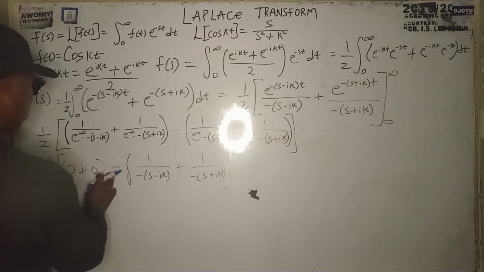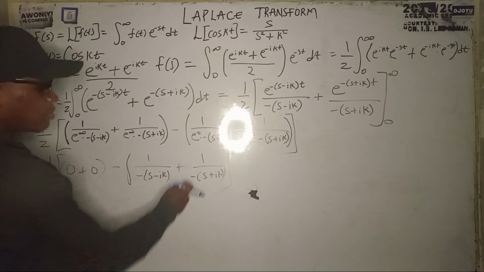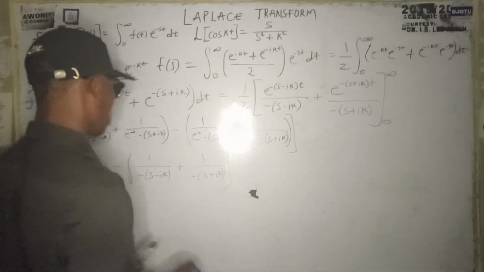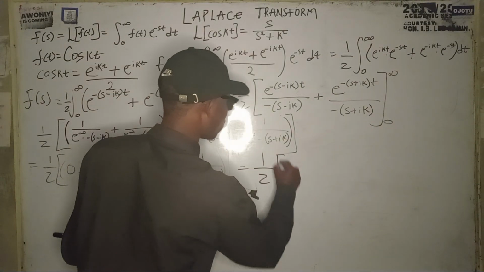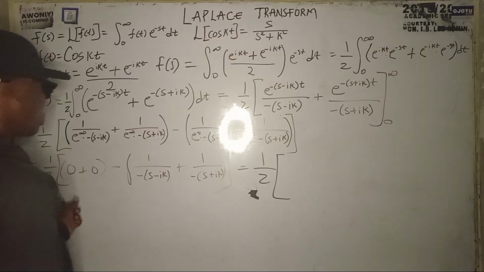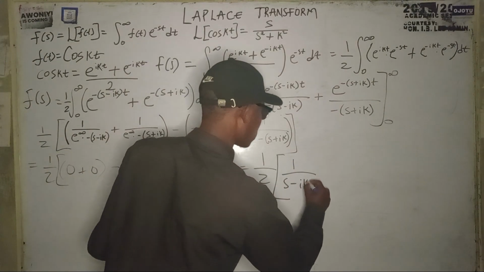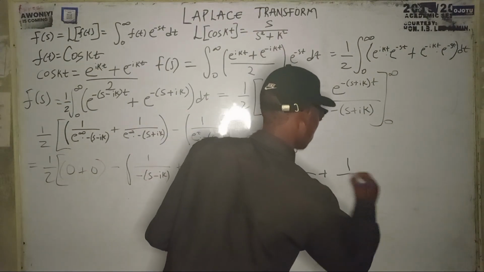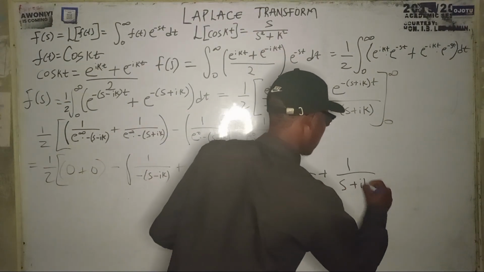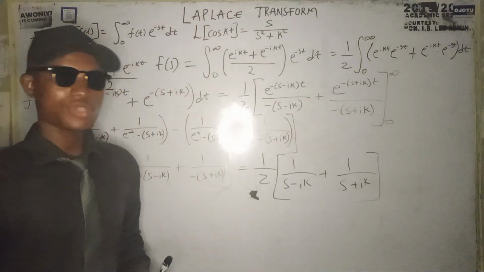So now if we use this minus to multiply everything, the minus is going to cancel the minus that we have down here. So we eventually have this as 1 over 2 into 1 over s minus ik plus 1 over s plus ik. Now we should already see where this is leading us.